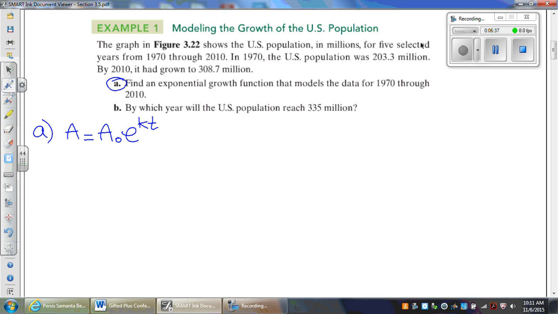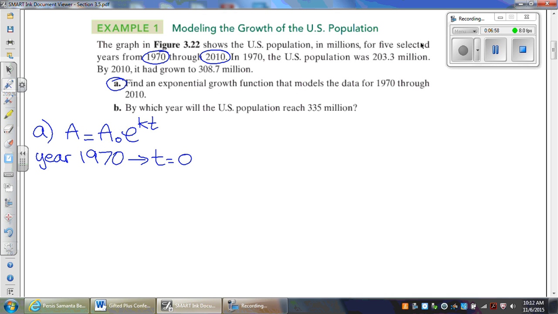So we know that it's from years 1970 to 2010, right? So one thing that we're going to consider here is that the year 1970 will be t equals 0.